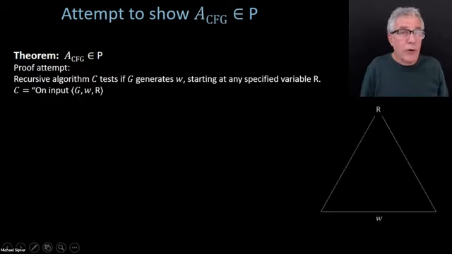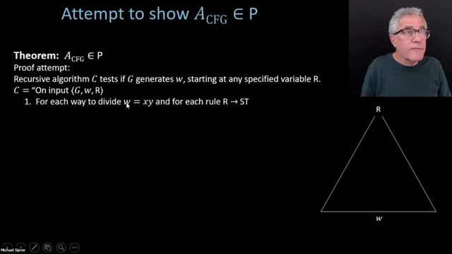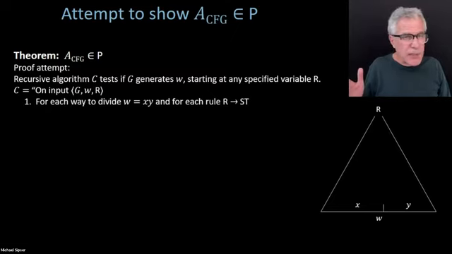And now how is the algorithm going to work? It's going to try to test: is there some derivation, pictured here as the parse tree, for W starting at R? That's what the algorithm is trying to answer. Can I get W from R? The way it's going to do that is it's going to try to divide W into two strings in all possible ways, which sounds like it might be exponential, but it isn't.